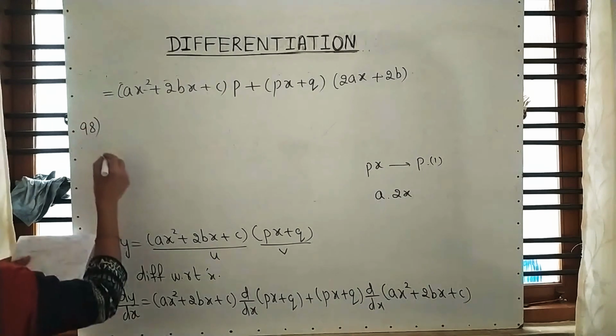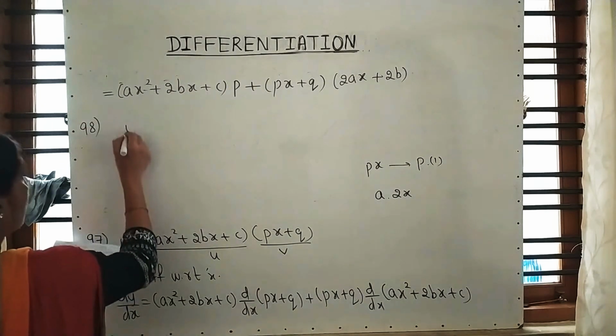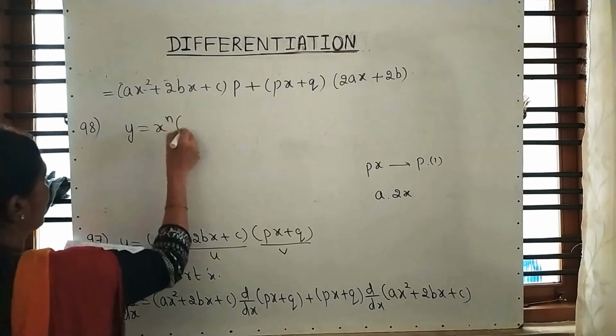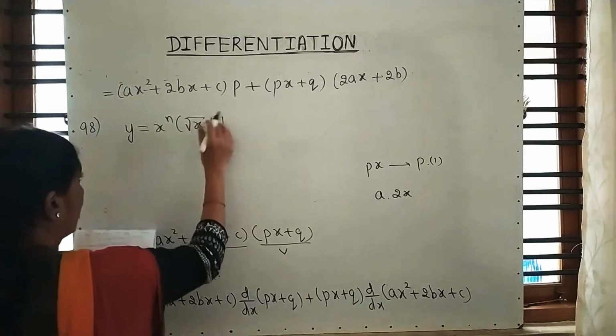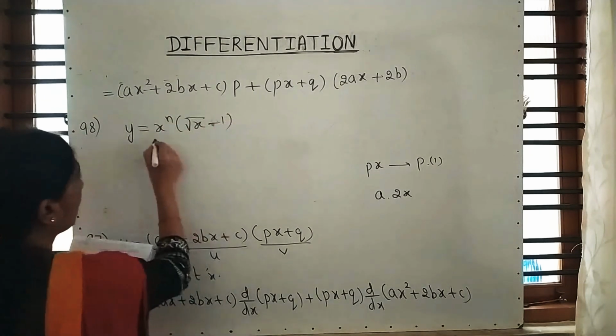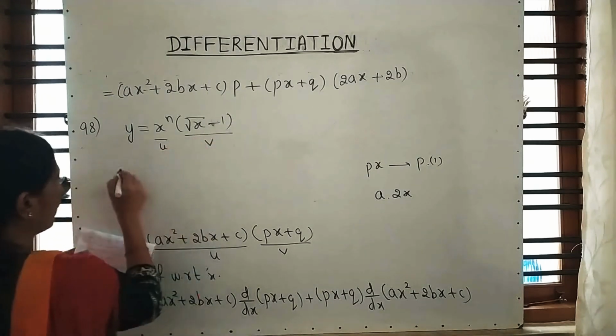Question number 98. y is equal to x raised to n into root x minus 1. So which formula? Again this is u, this is v.